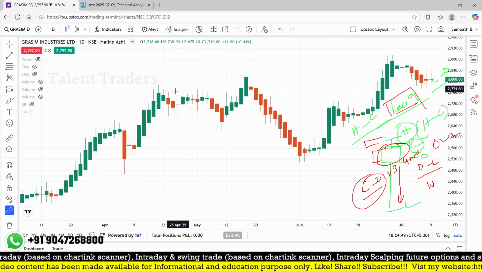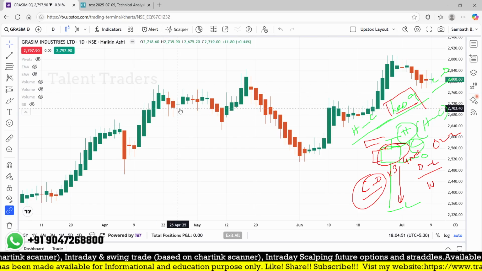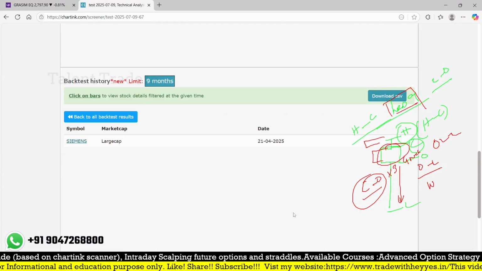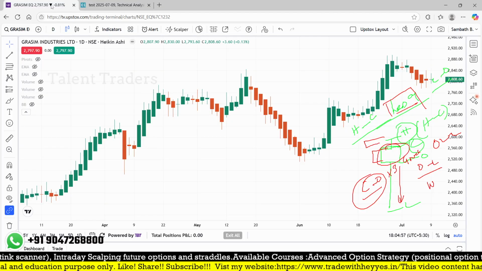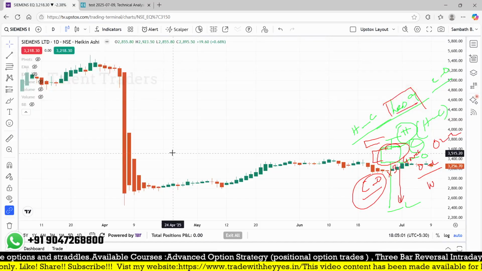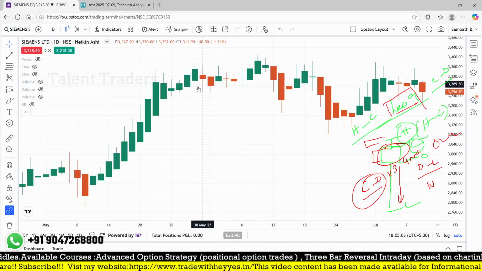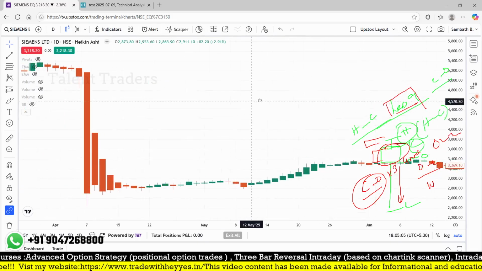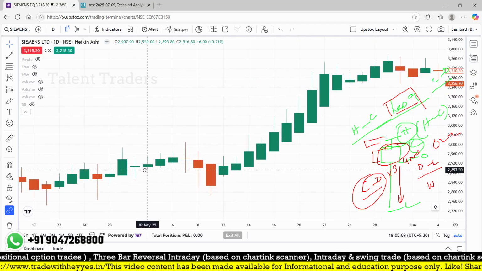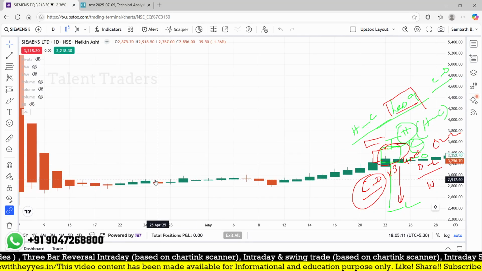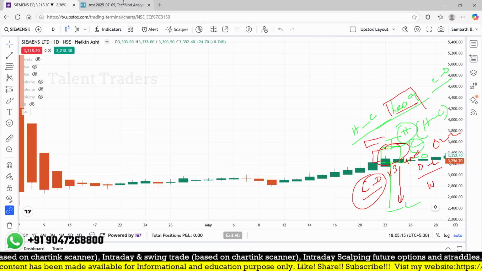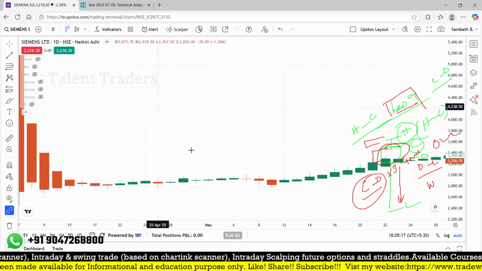Grasim 25 April, it's a perfect hammer. And the previous one was Siemens, when it is happening around 21.4, 2025.